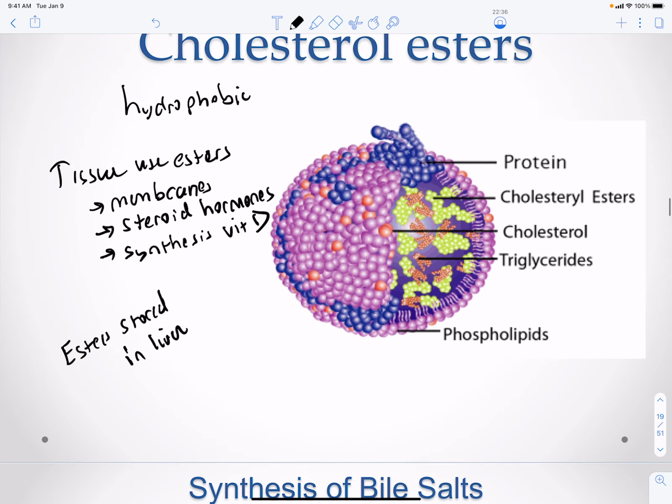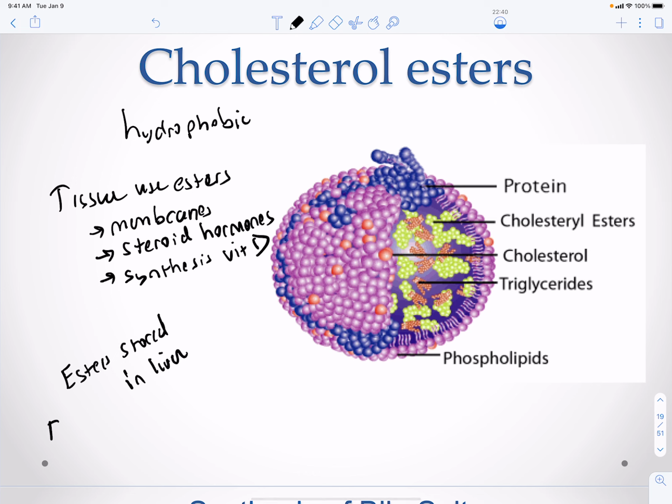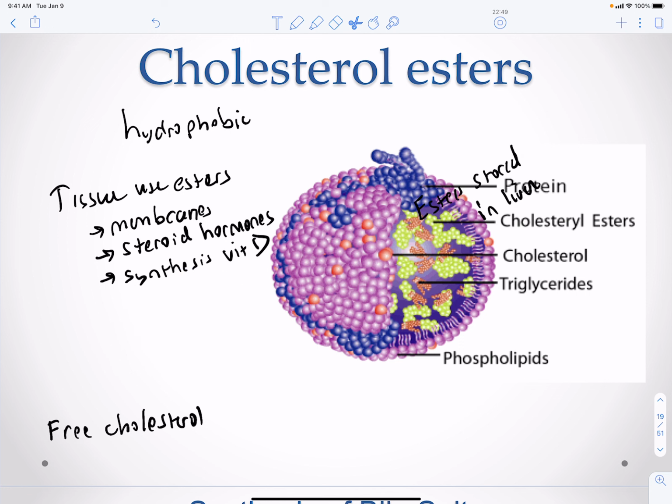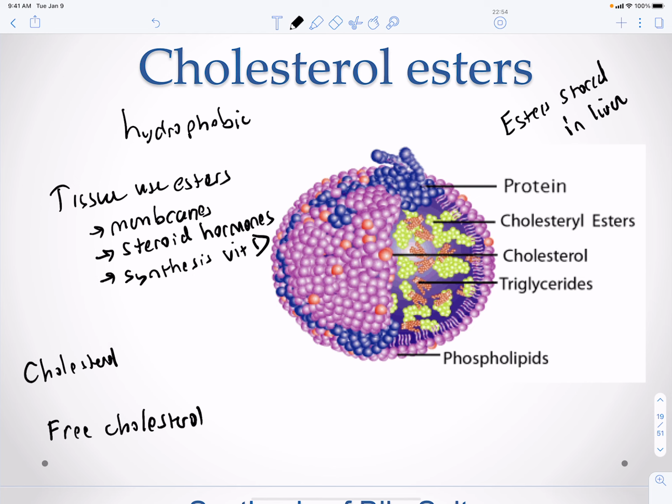So, free cholesterol enters the gut via the biliary tract, and then this is going to mix with your dietary pool of cholesterol.